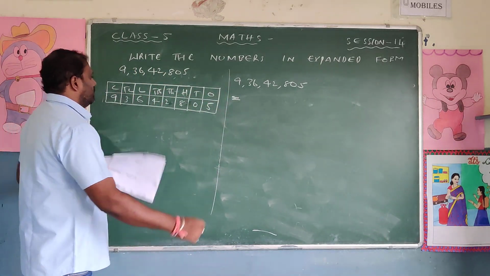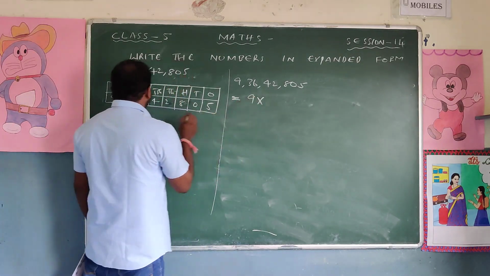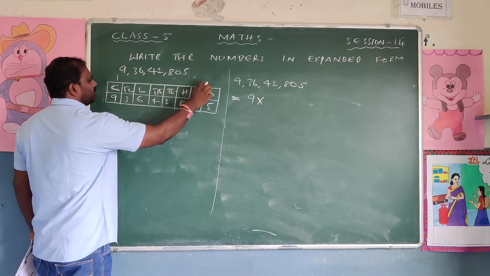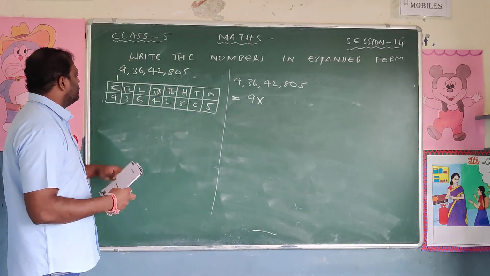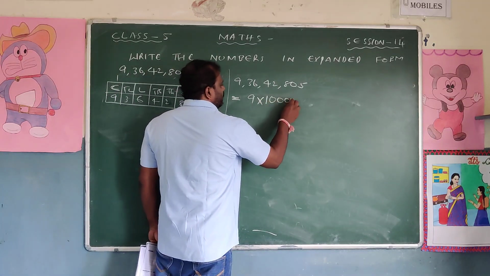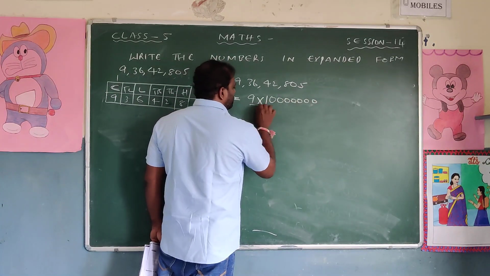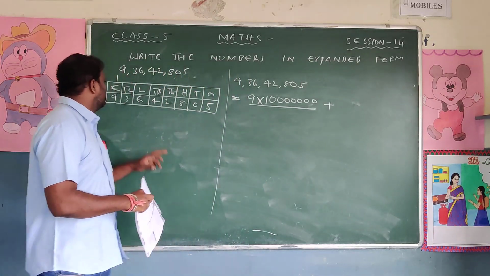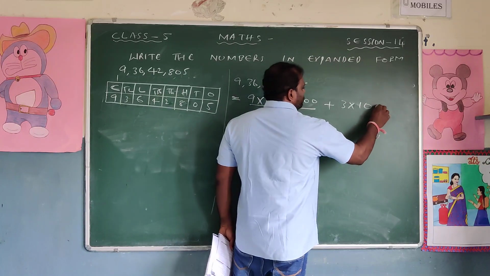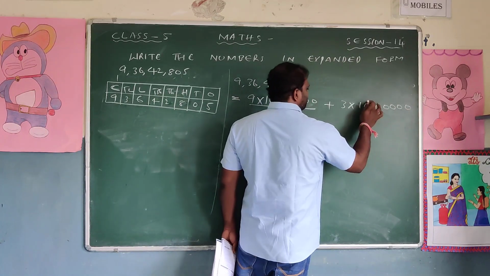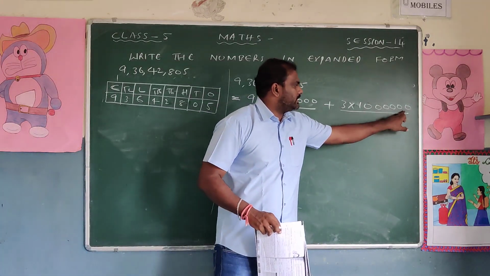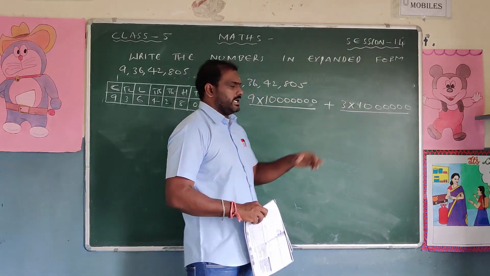Be clear. 9 into, this is crores. Crores means 1, 2, 3, 4, 5, 6, 7, so we have 7 zeros, plus 3 into 10 lakhs, which has 6 zeros, because units, tens, hundreds, thousand, 10,000, lakhs, 10 lakhs.